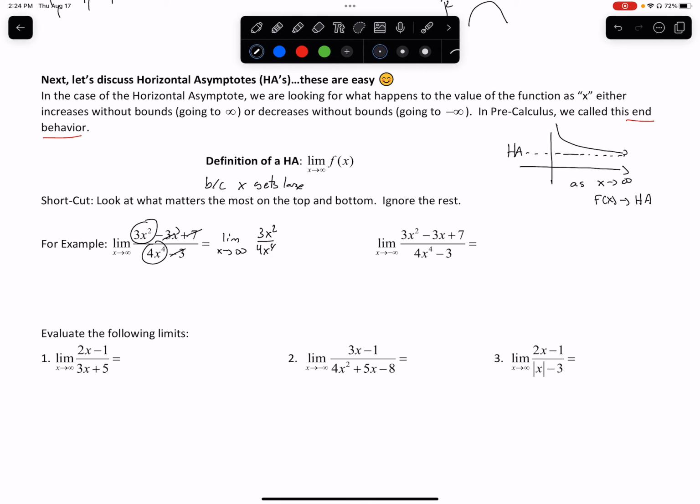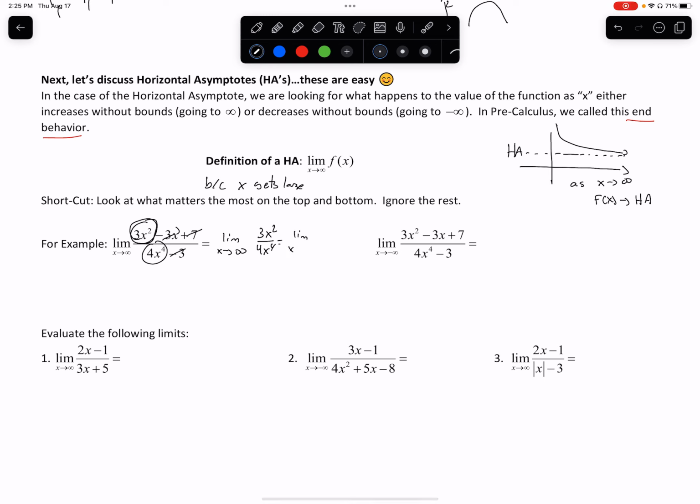There we go. When we think about how large these numbers are going to be, x squared is much bigger than 3x. So I don't have to worry about that 3x right there because the x squared just takes much precedence over it. So if I reduce this now, please don't plug in infinity, because if I try this, we're going to get infinity over infinity.